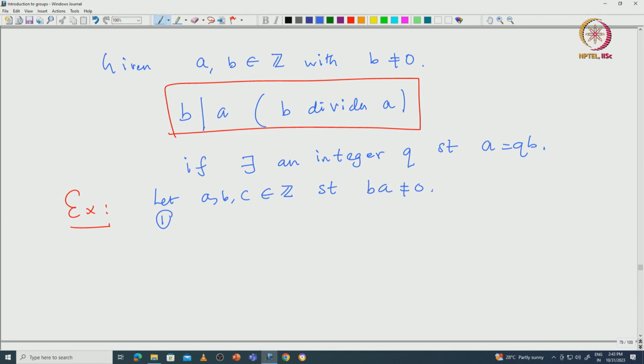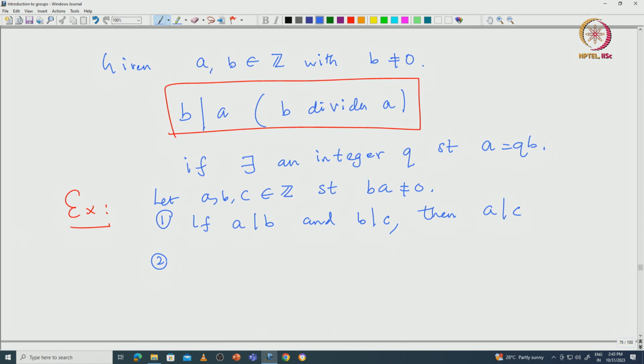The first property: if a divides b and b divides c, then one can conclude a divides c.